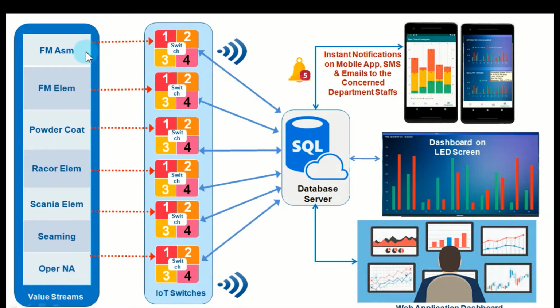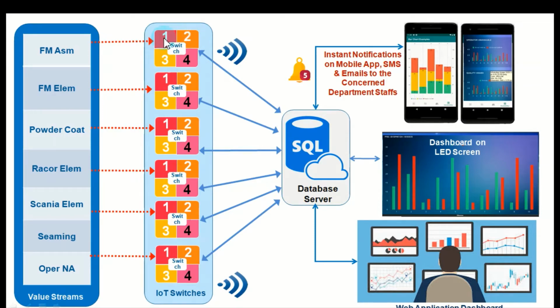So against each value stream, an IoT switch will be placed wherein the production staffs can press any of these 4 buttons where there is an issue.